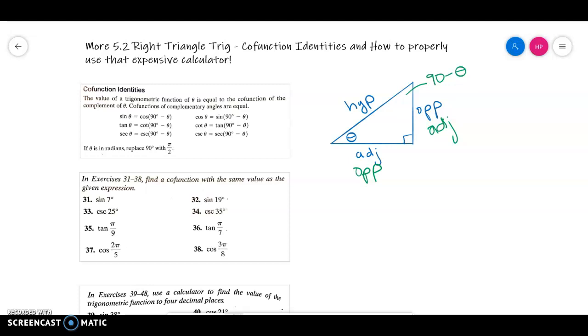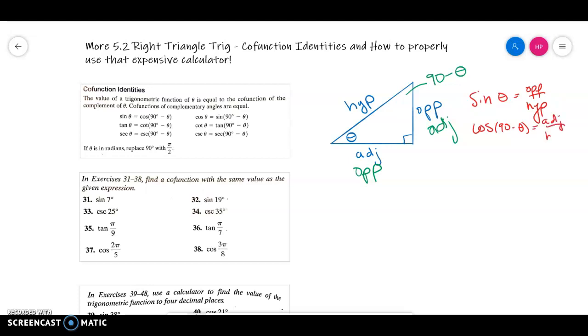So what would have been the sine of my blue theta, my opposite over hypotenuse, is now, if I take the sine of theta as opposite over hypotenuse, when I look at the cosine, or I'm sorry, when I look at the cosine of the other angle, which happens to be 90 minus theta, I'm talking about that same side.